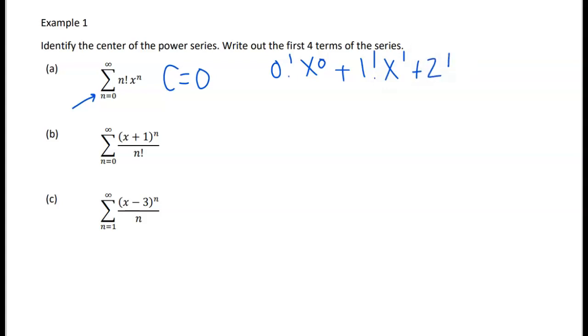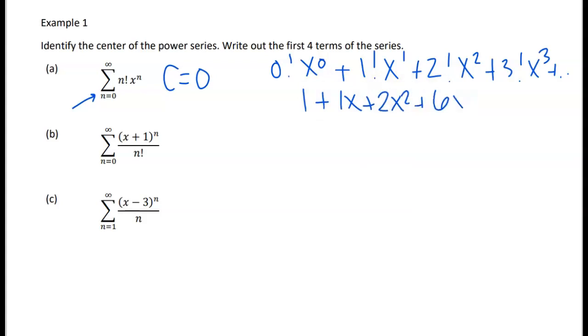The next term is going to be 2 factorial x to the 2. And then my next term is going to be 3 factorial x to the 3rd. 0 factorial, just as a property, is 1. x to the 0 is 1, so I get 1 plus 1x plus 2x squared. Now 3 factorial, 3 times 2 times 1, 6x cubed, and then we would go so on and so forth.